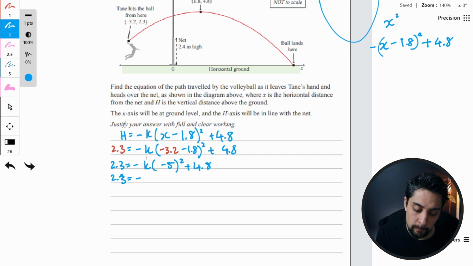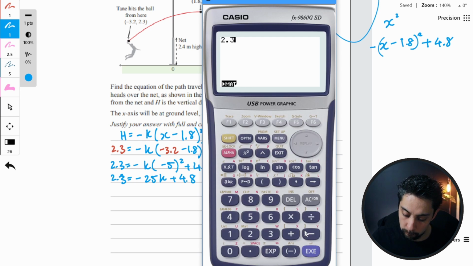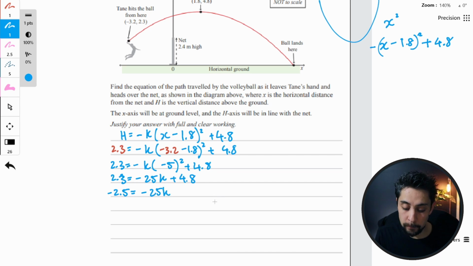Positive 25 multiplied by a negative k is negative 25k plus 4.8. Let's minus 4.8 from both sides. 2.3 take away 4.8 is negative 2.5 equals negative 25k. The 4.8 is gone because we minused it from both sides.